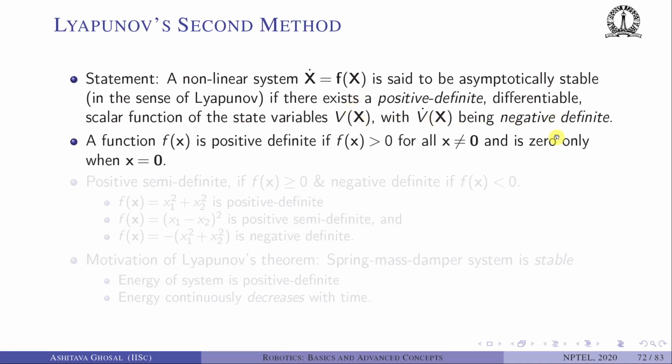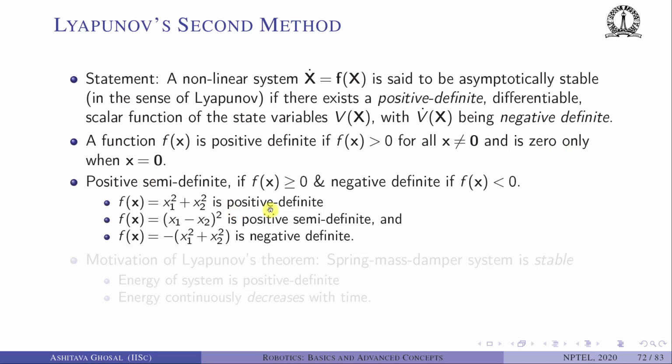Okay, just quickly go through what is a positive definite function and a negative definite function. A function f of x is positive definite if f of x is greater than 0 for all x not equal to 0 and is 0 only when x equal to 0. A typical example: if f of x is x1 squared plus x2 squared, it is positive definite, because it will always be greater than 0 and will be equal to 0 only when x1 equal to x2 equal to 0.